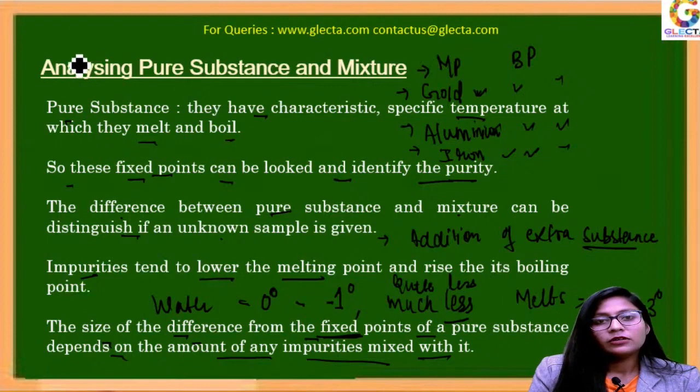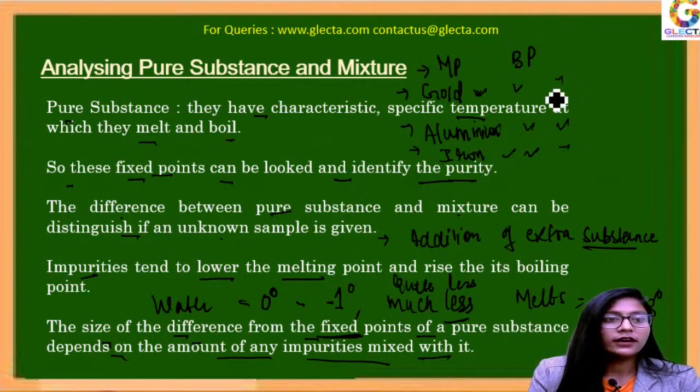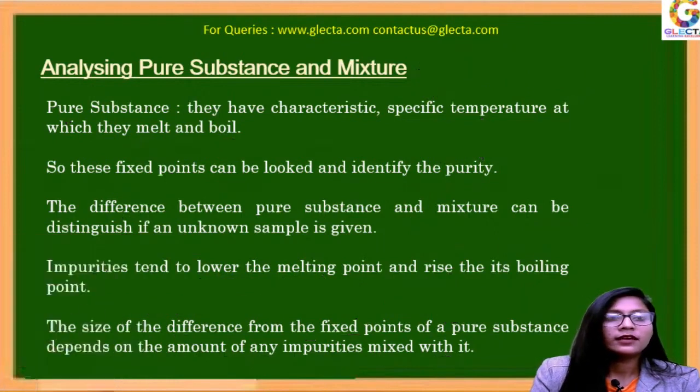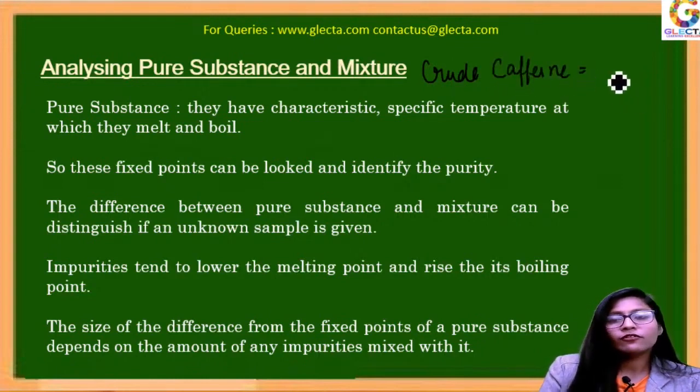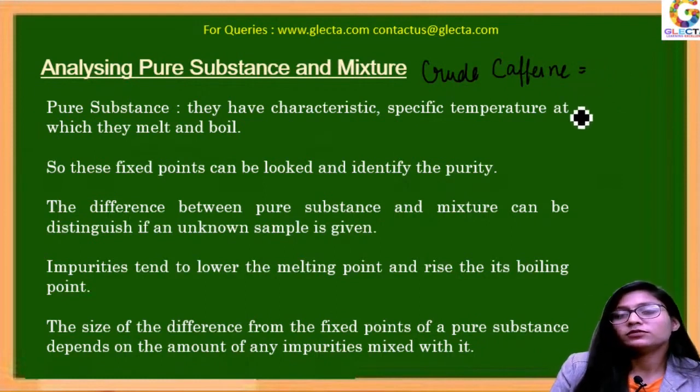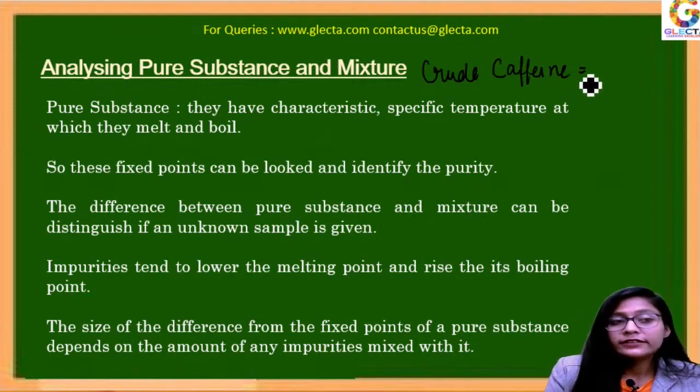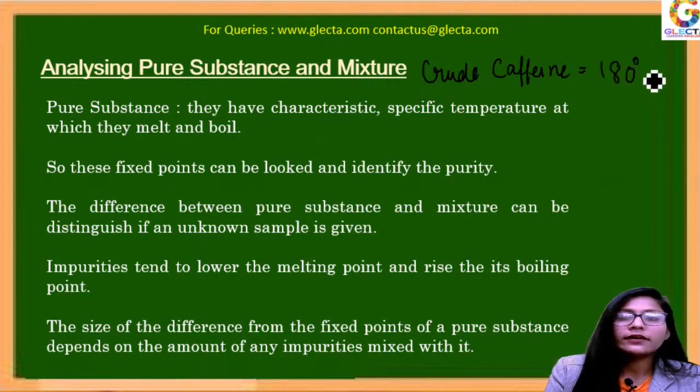Suppose I give you another example. If we have crude caffeine, the crude caffeine has some impurities mixed with it. Therefore, its melting point is 180 to 220 degrees Celsius.